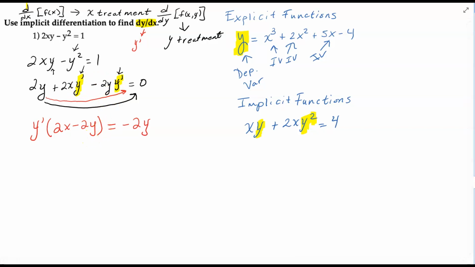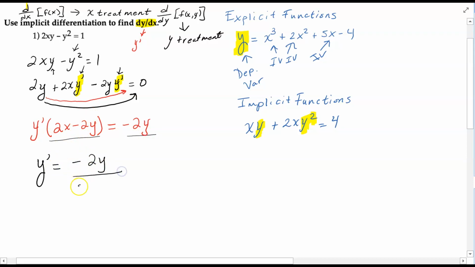Okay? So what do I have? I have y prime equal to negative 2y divided by 2x minus 2y. And I've basically solved for y prime.